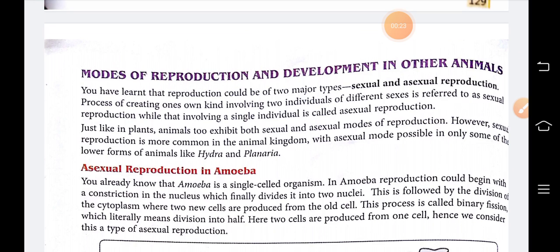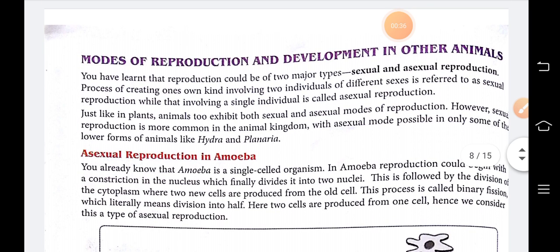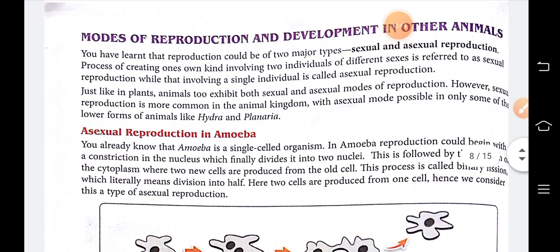We have read that reproduction is of two types, sexual and asexual reproduction. Sexual, where male and female are required, and asexual reproduction without different sex, that means it involves only a single individual.